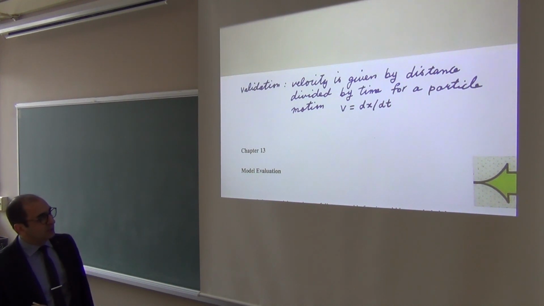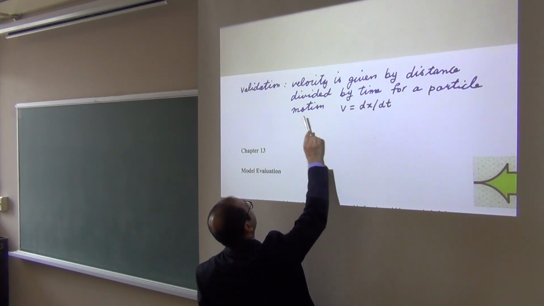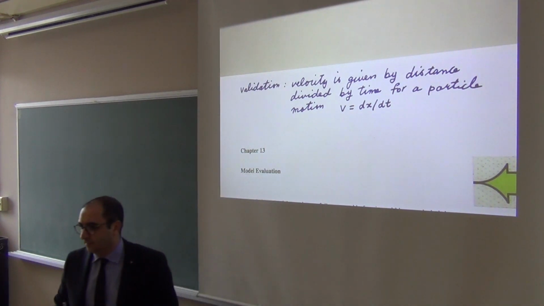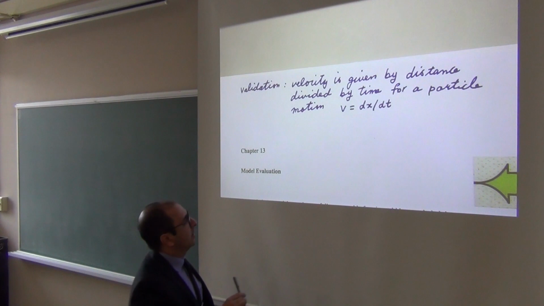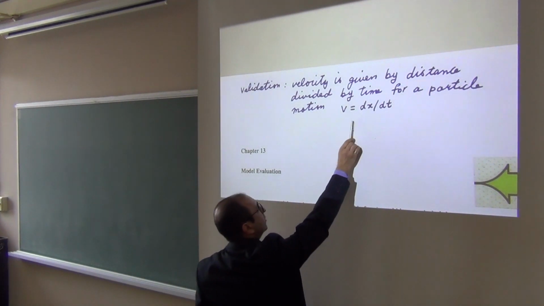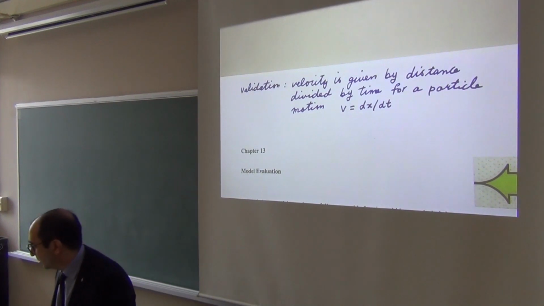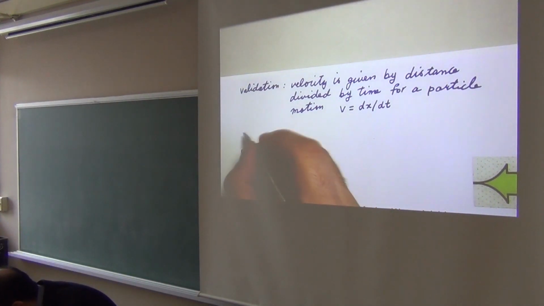If somebody asks me to calculate velocity, this is the equation I should use. So validation is using the right equation. Of course, there is comparison with observation too. So you use this equation, you get some answer, and then you compare to the measurement. It goes without saying. But verification is something different.